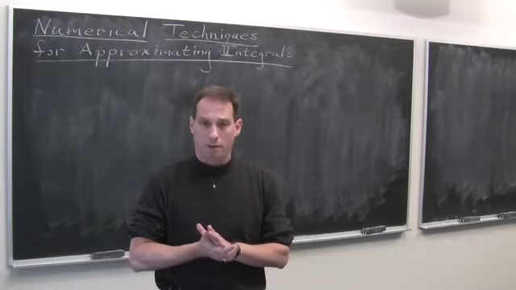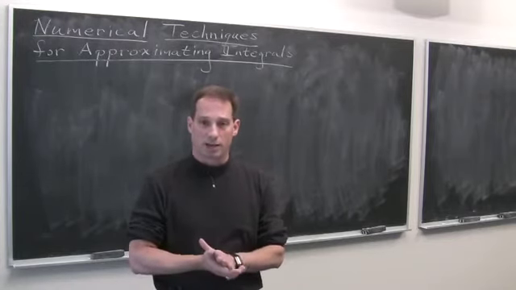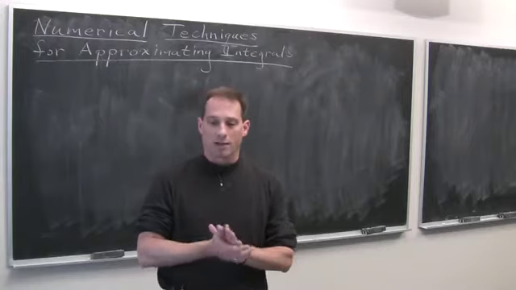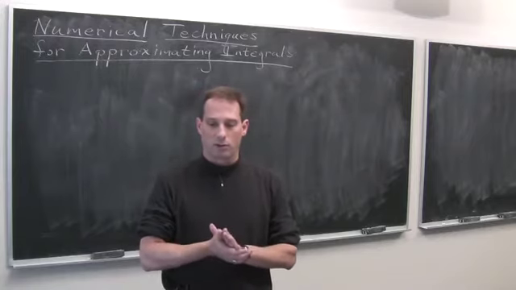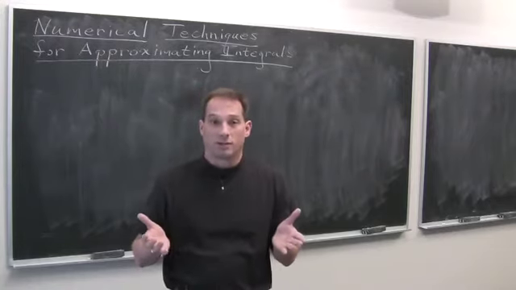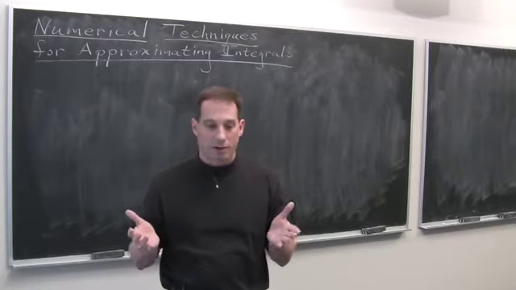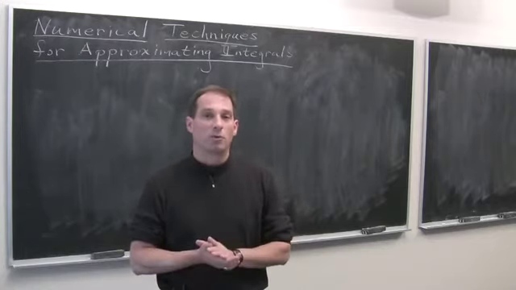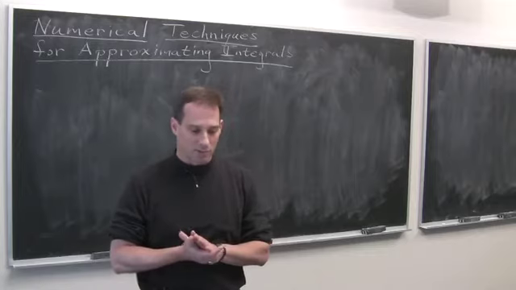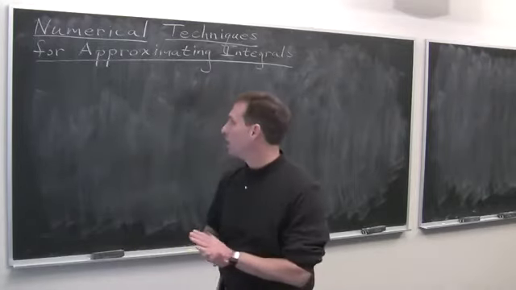This causes a problem, and so we have some approximation techniques for approximating the value of definite integrals, and you would think, well, of course, the Riemann sums approximate definite integrals. It's true, but we'd like something better than Riemann sums, and that's what this section is about.